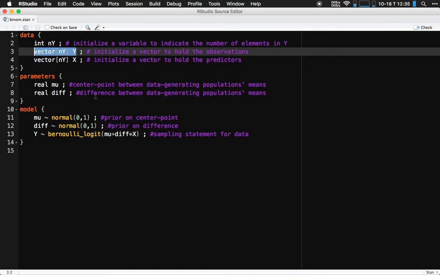It's kind of annoying. You have to change this from vector NY to int, and then y NY. It's really annoying that it doesn't automatically do that. Pretty sure that's the reason why I got that error.